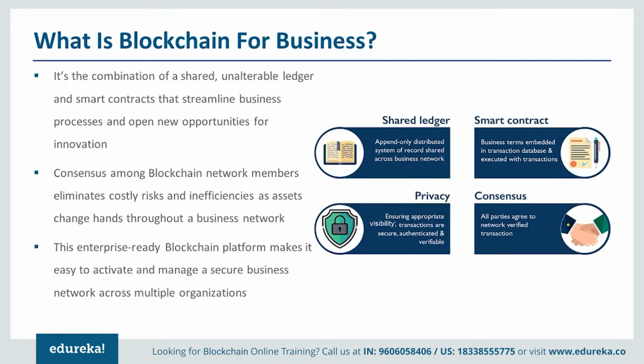There are different kinds of consensus algorithms that are used in Hyperledger Fabric. Now, what is Hyperledger? Hyperledger is a product coming from the Linux Foundation. Linux Foundation is one of the biggest bodies in the world which promotes open source products, and Hyperledger is one of their projects for creating a permissioned or private blockchain.